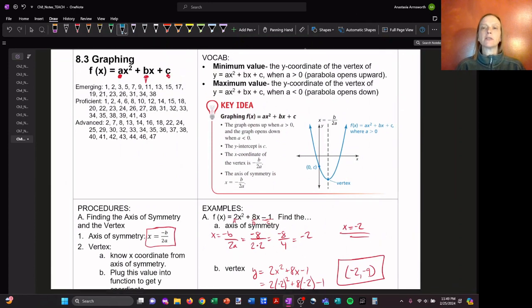A minimum value is going to be the y-coordinate of the vertex of a parabola that opens upward. So it'll have a minimum value down here. And the maximum value is going to be the y-coordinate of the vertex of a parabola that opens downward. So we're talking about the peak, the maximum of a downward facing parabola.